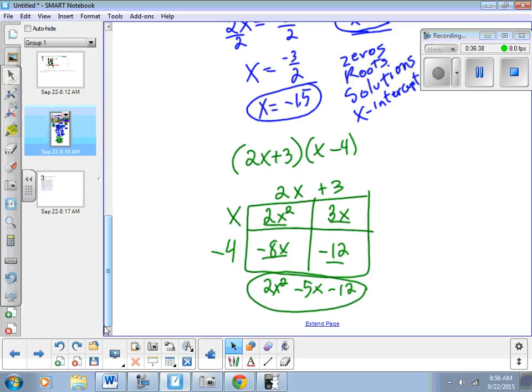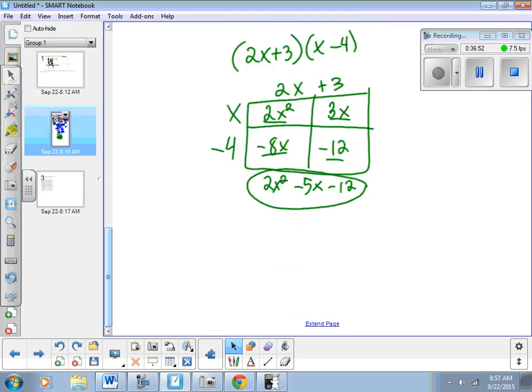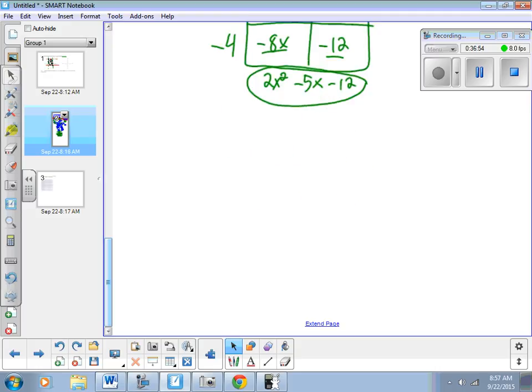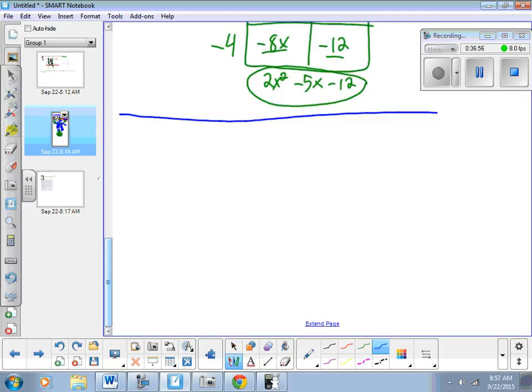Now, is this the only way to get the x-intercepts, this or the graphing calculator? There's actually another way to do it. Okay? So put in your notes, quadratic formula.